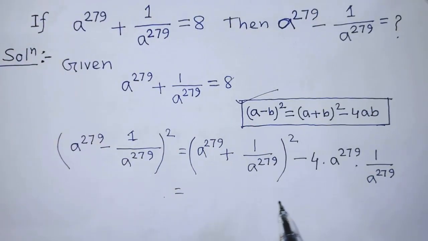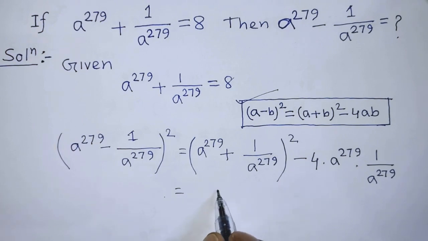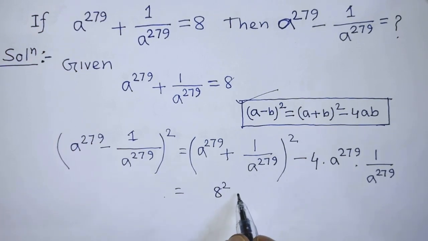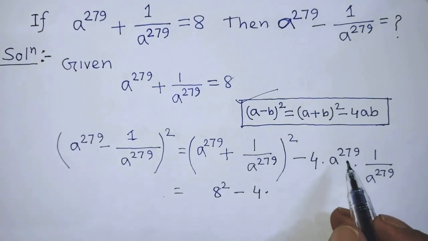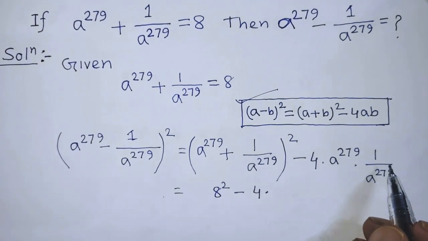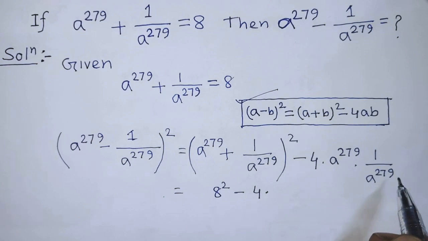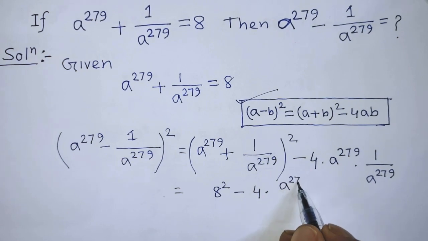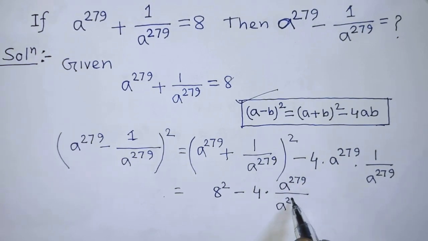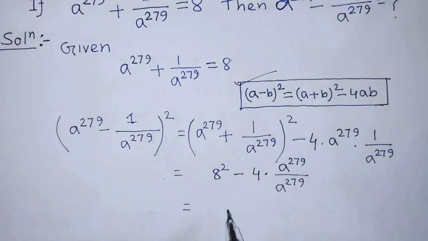So we can write 8 to the power 2 minus 4 times a to the power 279 times 1 over a to the power 279, that is a to the power 279 over a to the power 279 is equal to the square of 8. 8 square, that is 64.